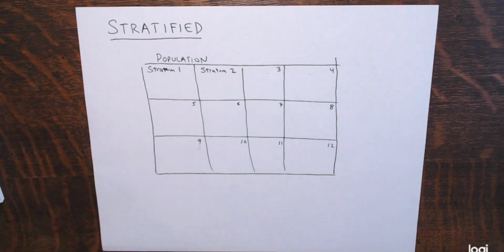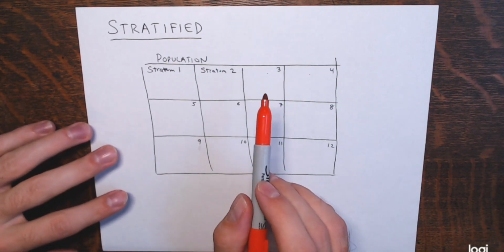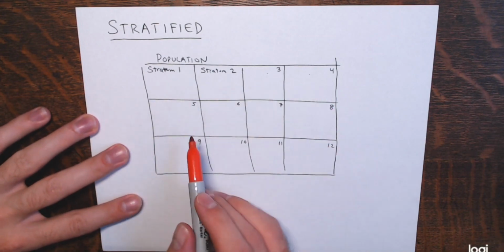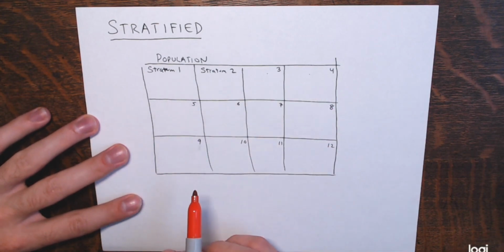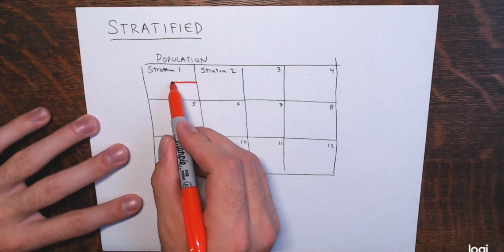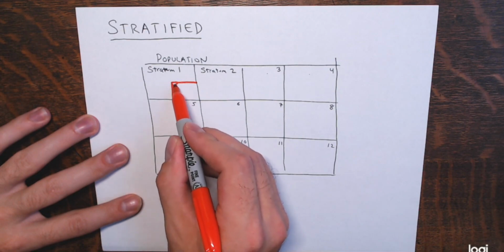Then, for the sample, I'll do some shading here. We're going to pull out from each stratum about the same proportion of members for our sample. So let's say I take from each stratum about a quarter.